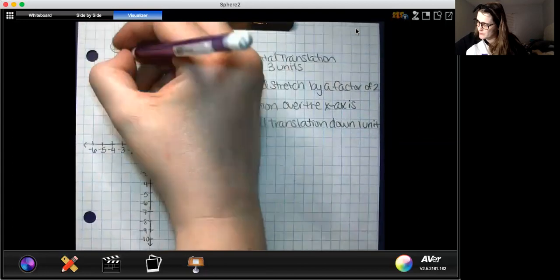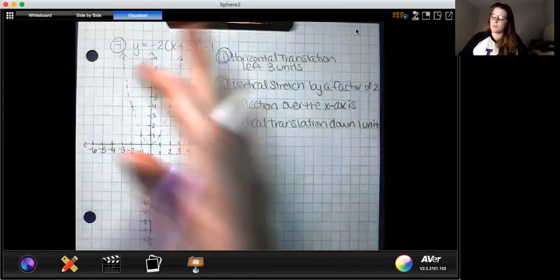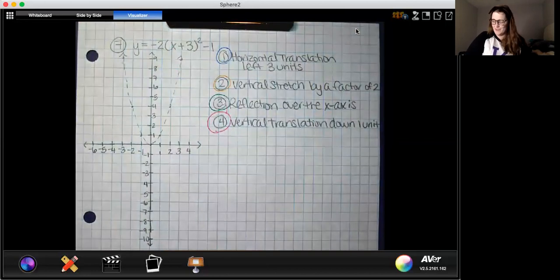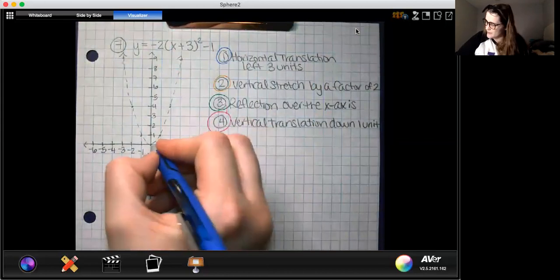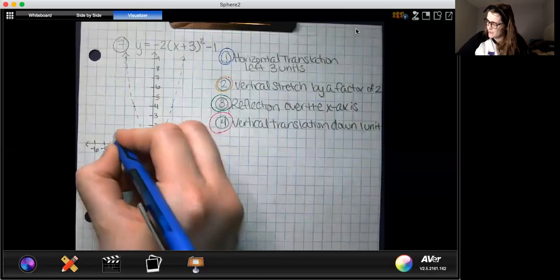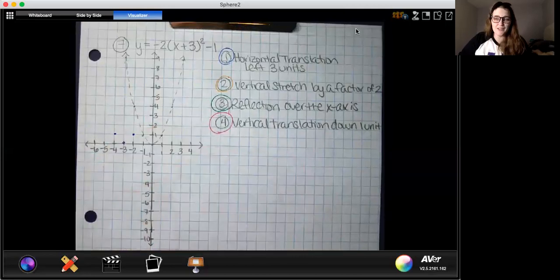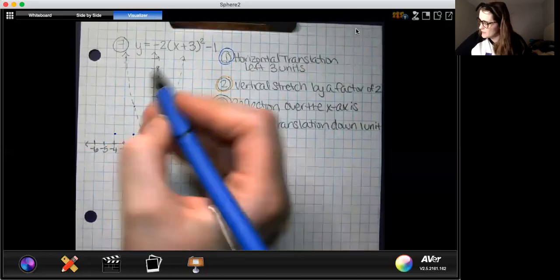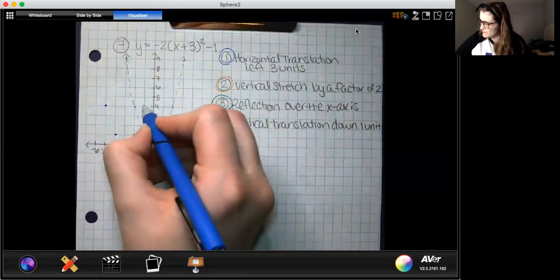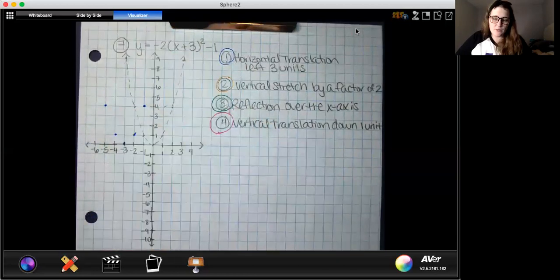I just always started with pencil. But you can start it with a new color if you'd like it to be a fifth color. All right, now we have horizontal translation left 3 units. So everything's moving left. 1, 2, 3, and again, if you don't want to count, that's totally fine. But again, I double check with counting just because I'm also using a pen. Don't want to make a mistake with pen.